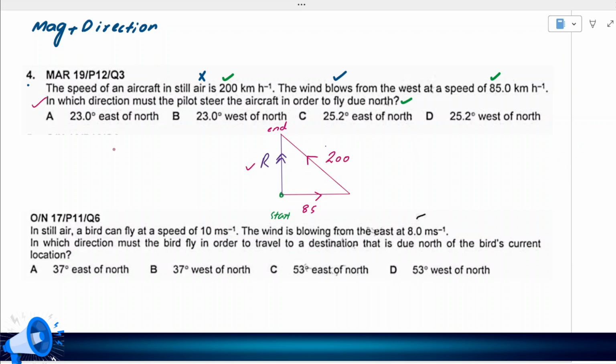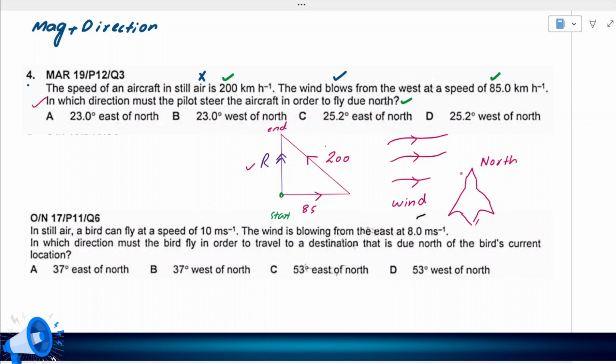You see, if we have the idea of the question, the wind is blowing from west, so the direction of the wind is over there, and the pilot wants to travel straight towards north. So what should be the direction of the airplane to compensate for the direction of wind?